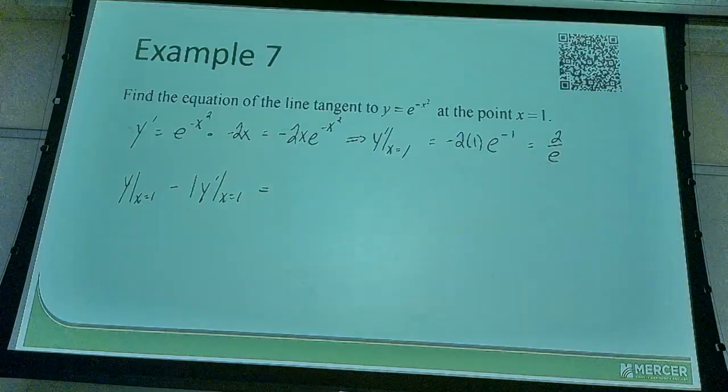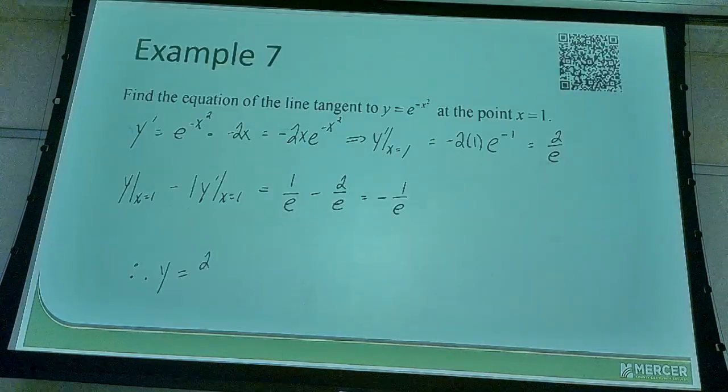No, the exponent is negative x squared, which is negative 1, so 1 over e. Minus 2 over e, which equals negative 1 over e. Here's our tangent line: y equals 2 over e times x minus 1 over e.